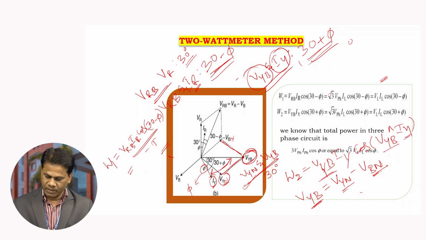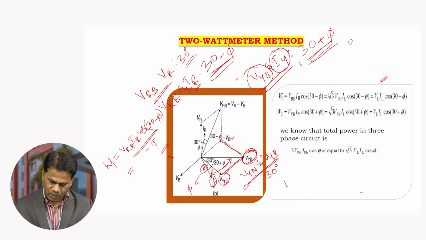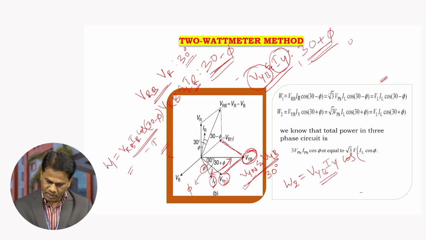Finally, taking the expression for the reading of wattmeter W2, W2 equals voltage Vyb times current Iy times the cosine of the angle between these two, which is 30 plus 5, as seen from this phasor diagram.